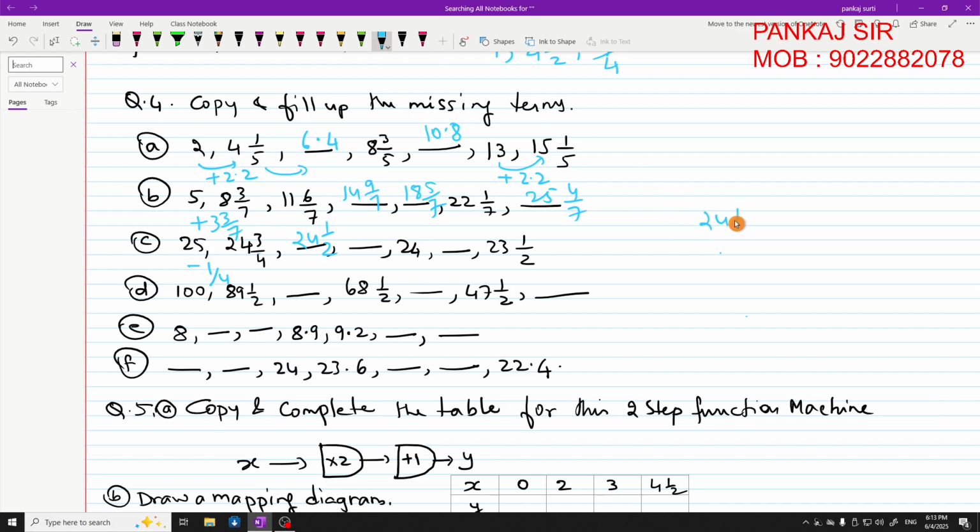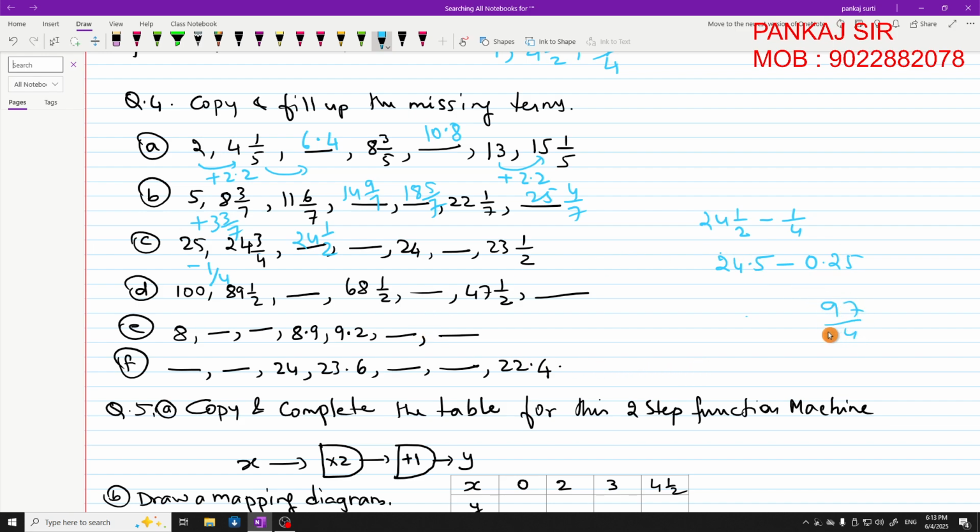24 1 by 2 minus 1/4. Now 24 1 by 2 can be written as 24.5 and 1/4 can be written as 0.25. Okay. So let us do that. So 24.5 minus 0.25 is equal to 97 upon 4.